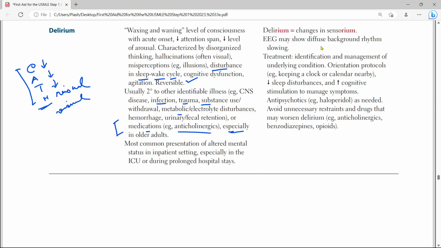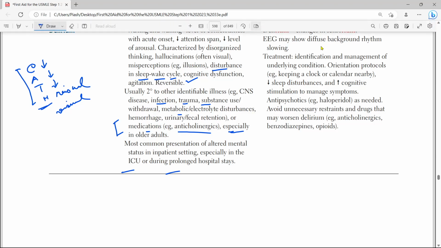It is the most common presentation of altered mental status in the inpatient setting, especially in the ICU or during a prolonged hospital stay.